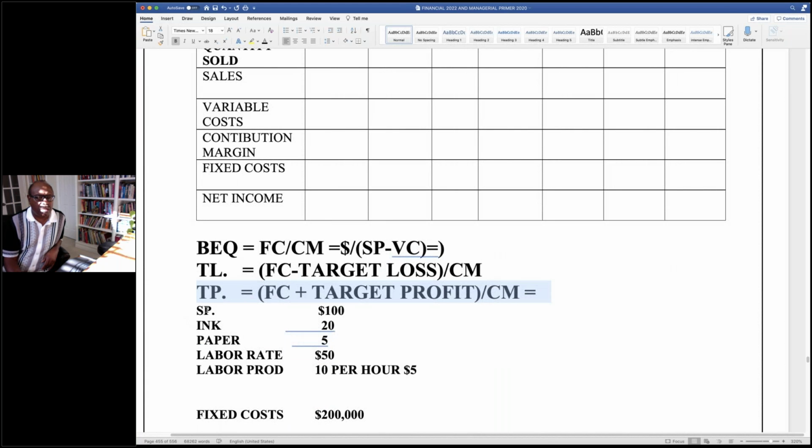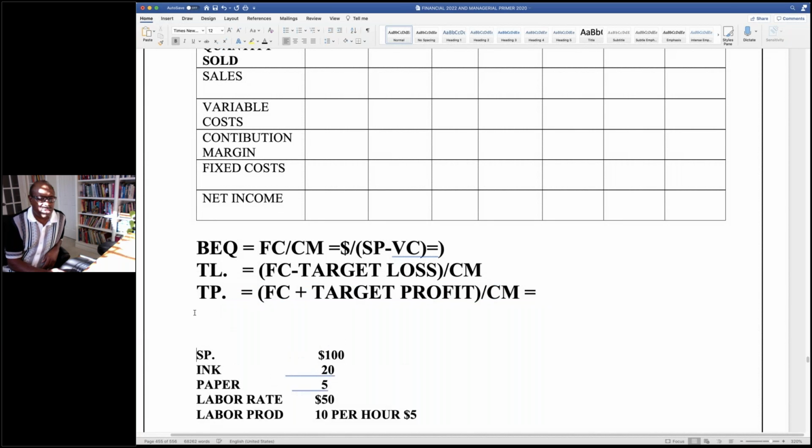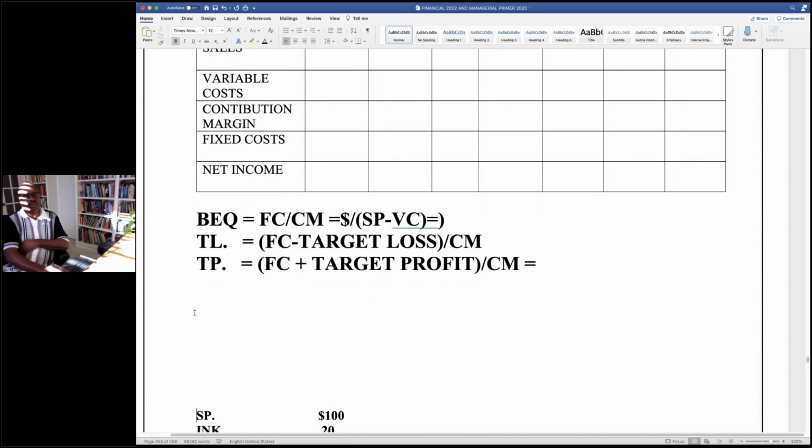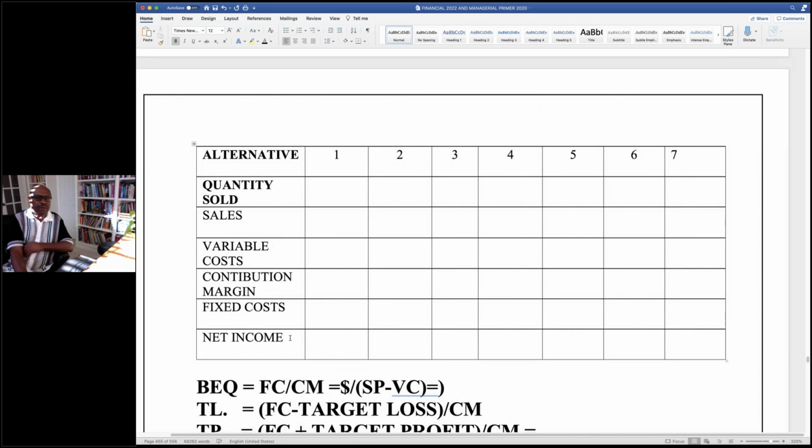So we're looking at any of this information here. So the way we start is we always go through and see what happens with one item.